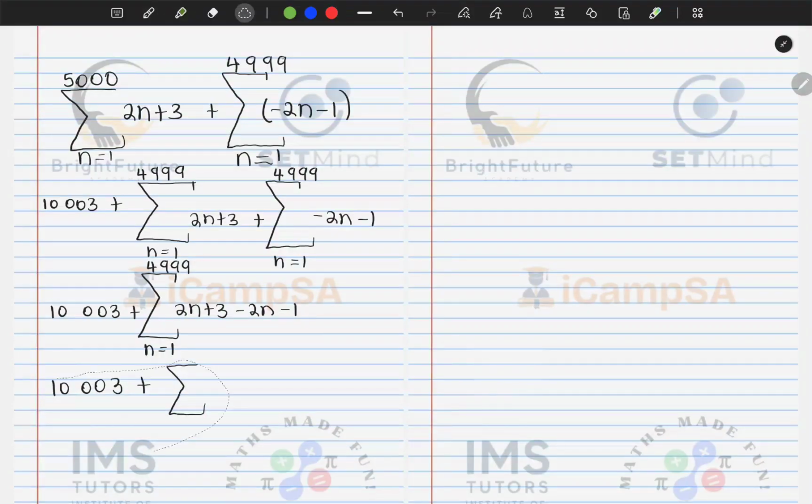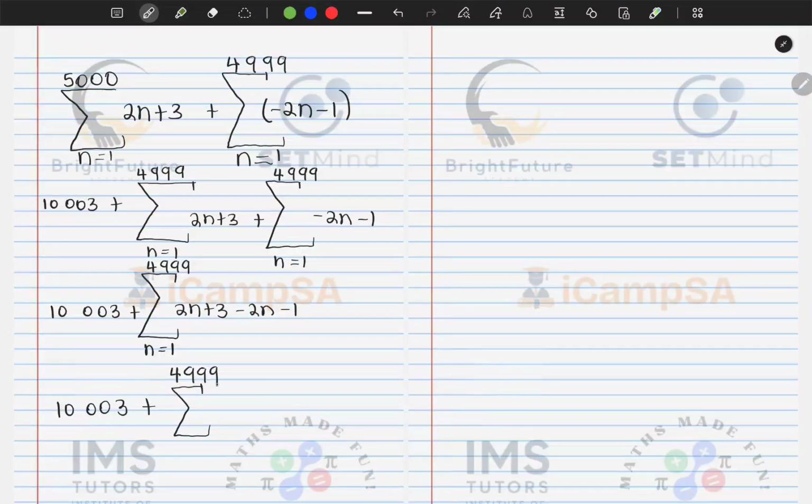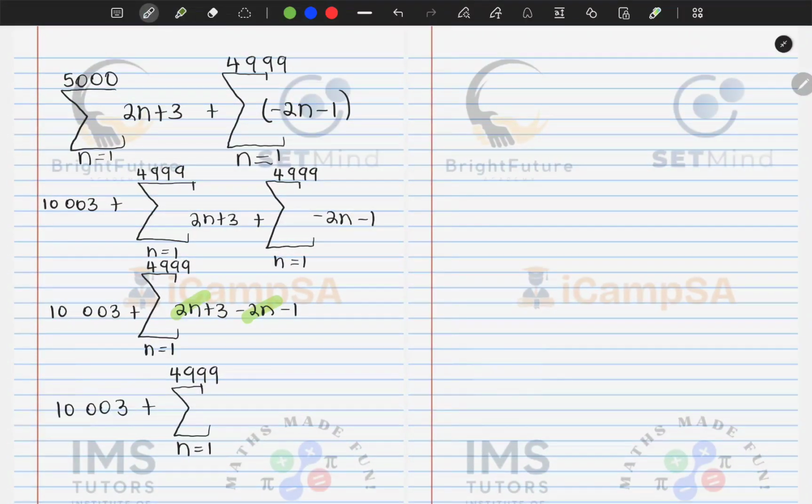Let's pull it one down. And we'll have 4,999, and this is from n is 1. So if you observe carefully, this and this will cancel. And then we'll just be left with 3 minus 1, which will give us 2.